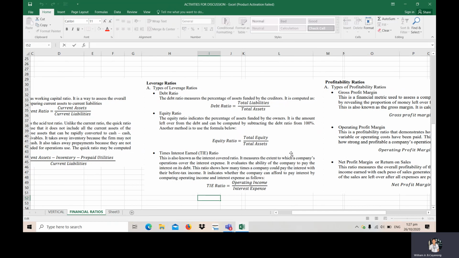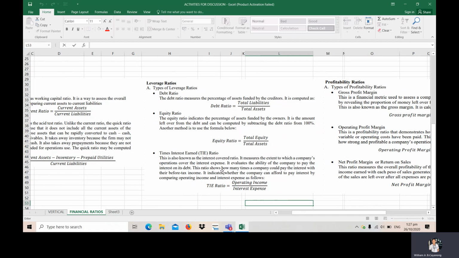And the last example for the leverage ratio is your times interest earned ratio. This is also known as the interest coverage ratio. It measures the extent to which a company's operations cover interest expense. It evaluates the ability of the company to pay the interest on its debt.